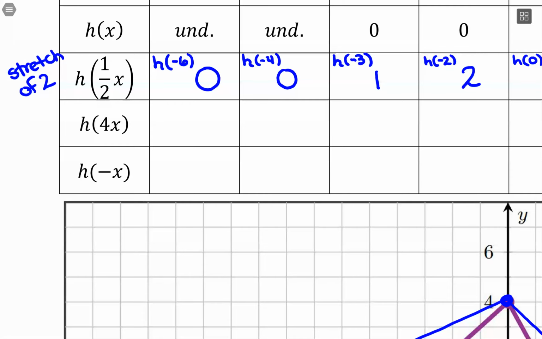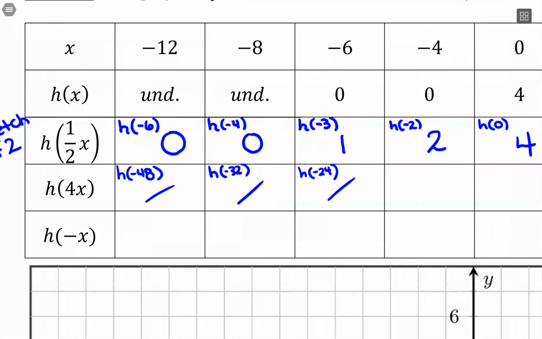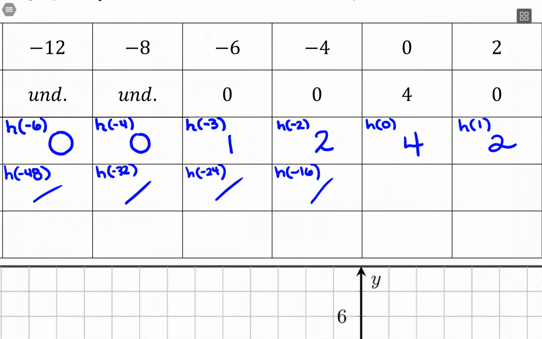If we look at h of 4x, we're multiplying our x values by 4, so this is like h of -48, which is not defined. H of -8 times 4 is -32, that's not defined. H of 4 times -6, -24, that's not defined. H of -4 times 4 is -16, that's not defined.